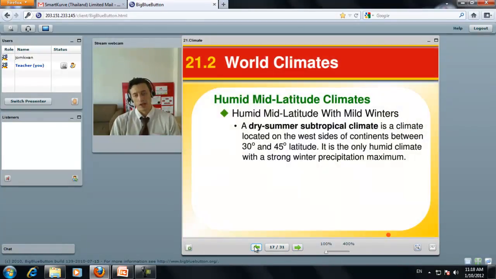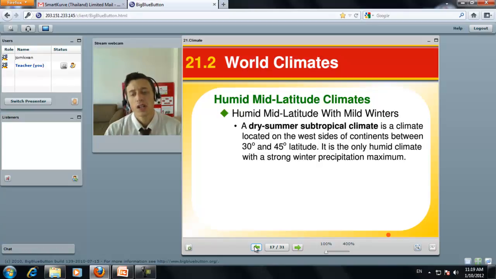But the next point to make, a dry summer tropical climate is a climate located on the west sides of the continents between 30 and 45. It is the only humid climate with a stronger winter precipitation maximum. Remember our dry summer subtropical climate.